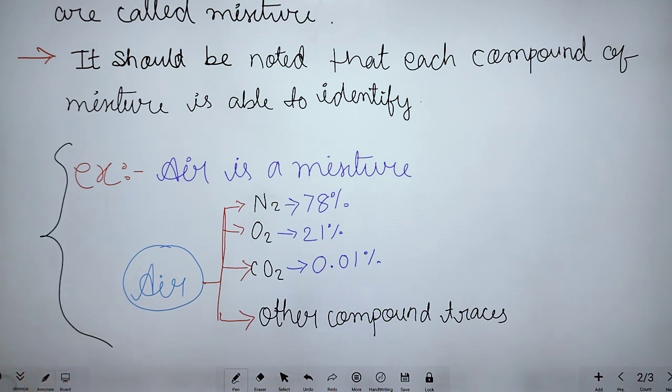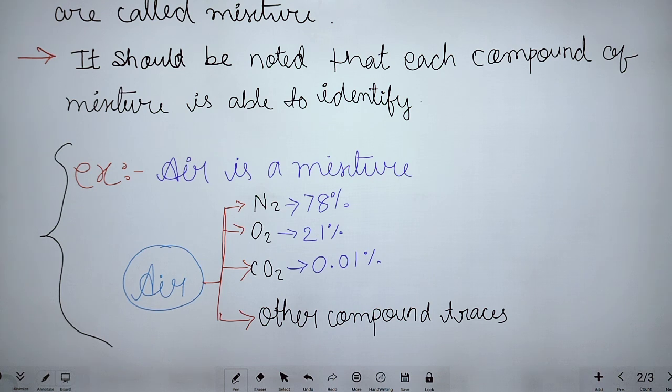We also saw the example of mixture, air, and we also discussed compound. What is compound? Compound is a pure matter which is produced by the combination of elements, or you can also say atoms, in different ratios. And we also saw examples of compound.